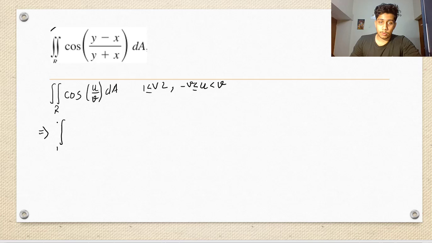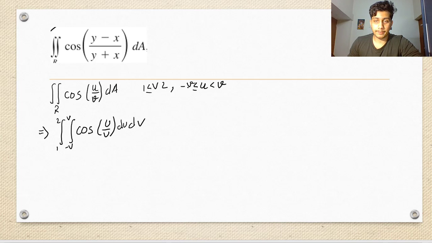So it looks like the integral from 1 to 2, minus v to v, cos of u by v, du dv. Also here we'll be adding the value of the Jacobian, into half.